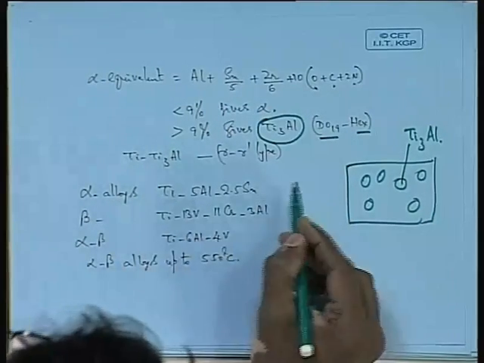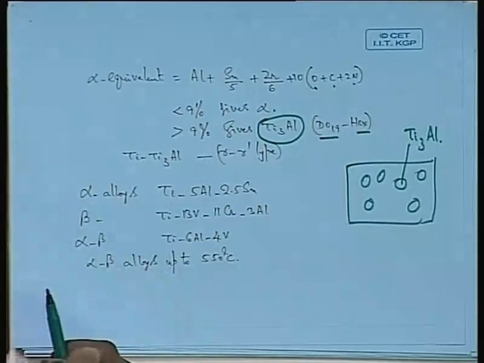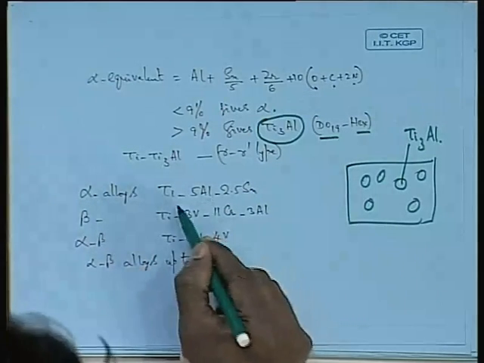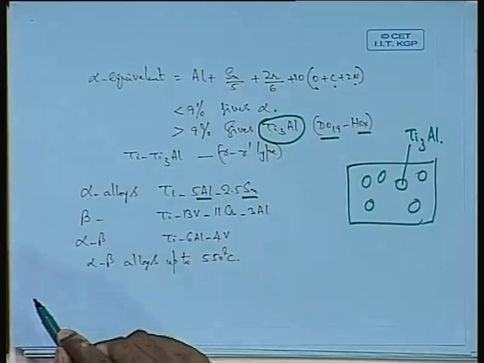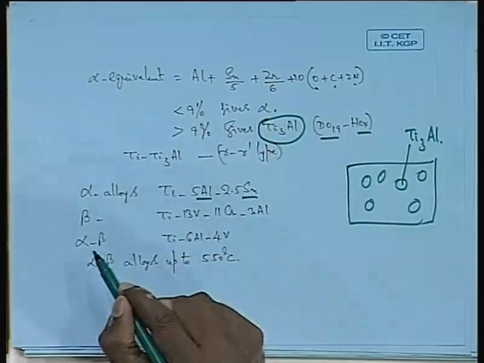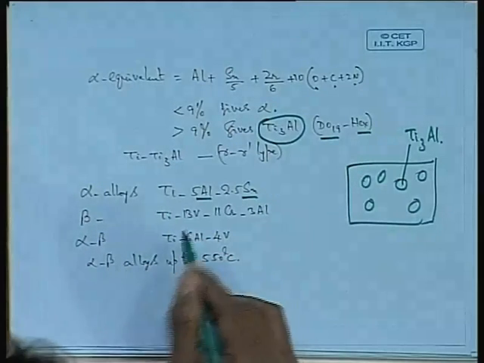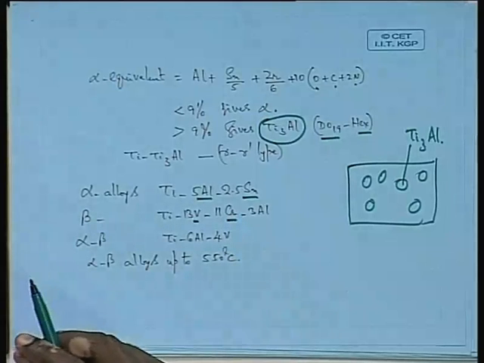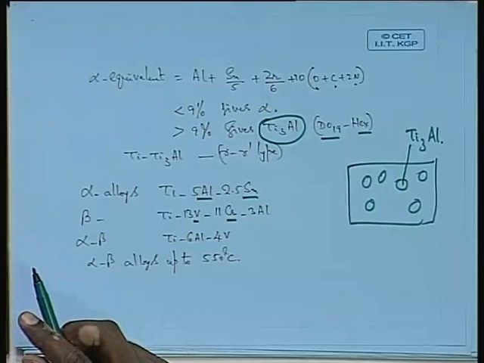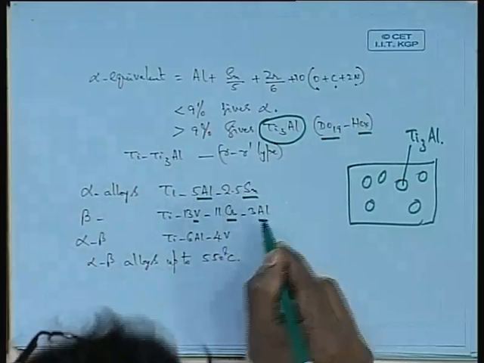And when we think of the alloys that are possible, there are alpha alloys which are basically stabilized by alpha stabilizers, aluminum and tin. 5% aluminum, 2.5% tin is a typical example of an alpha alloy, and beta alloys which are stabilized by beta stabilizing elements such as vanadium, chromium, and you also add a small amount of aluminum.